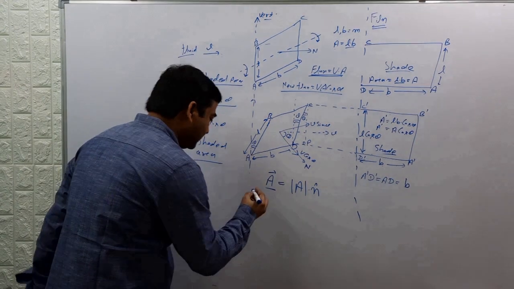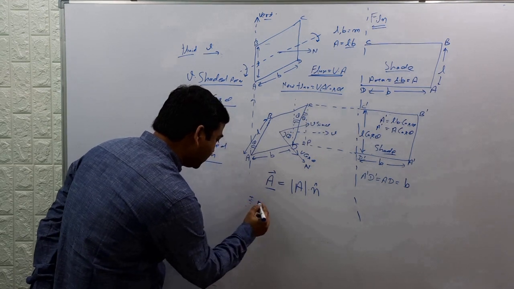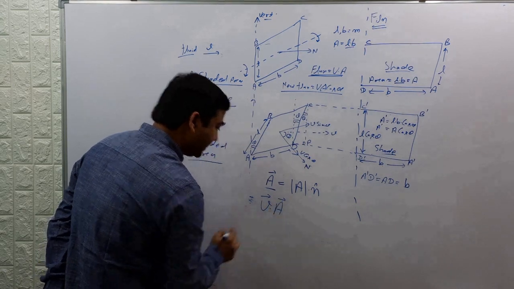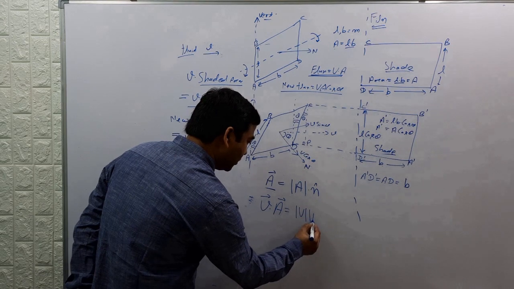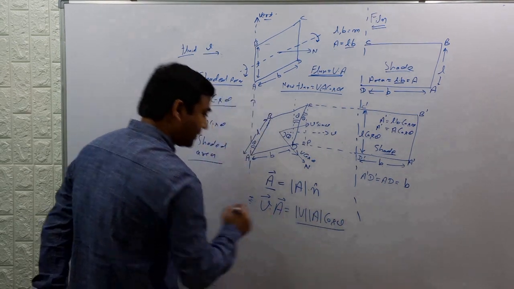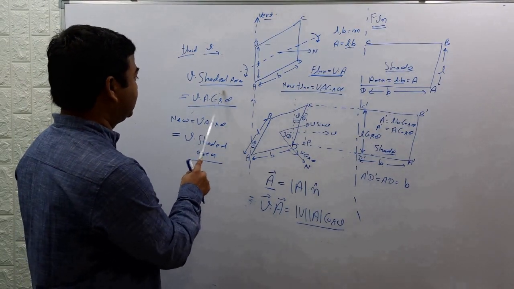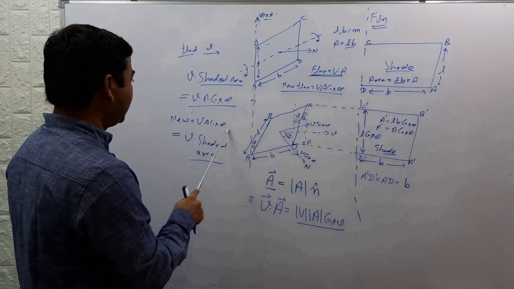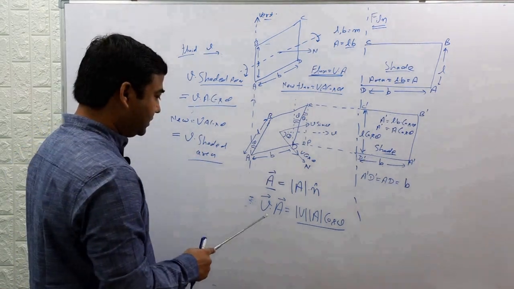You can easily see, if we carry out the dot product of velocity of fluid and vector area, this is mod of V mod of A cos theta. As we have earlier derived, VA cos theta is flux for a tilted area. VA cos theta has also been derived by the shaded area method, where A cos theta is the shaded area.